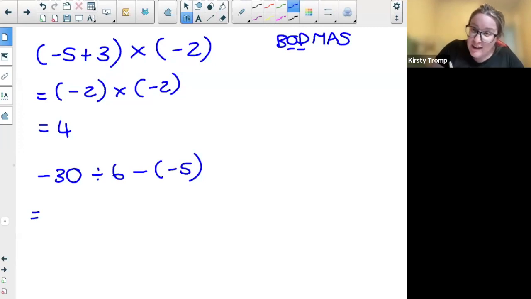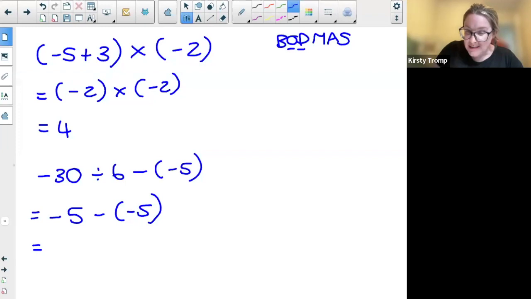A negative divided by a positive is a negative. Good. 30 divided by 6 is 5. And I'm left with minus 5. Now I've got a negative sign next to a negative sign. What do I know I need to do? Draw a circle, cross it out, and put a plus.